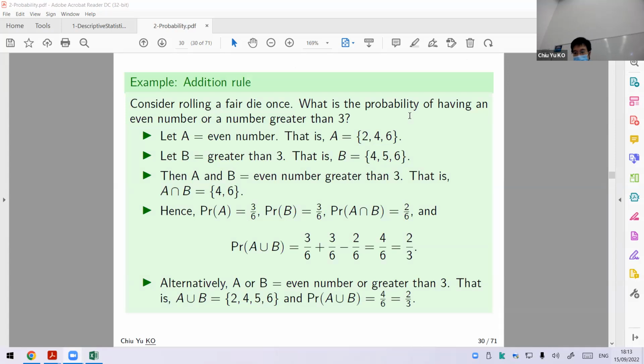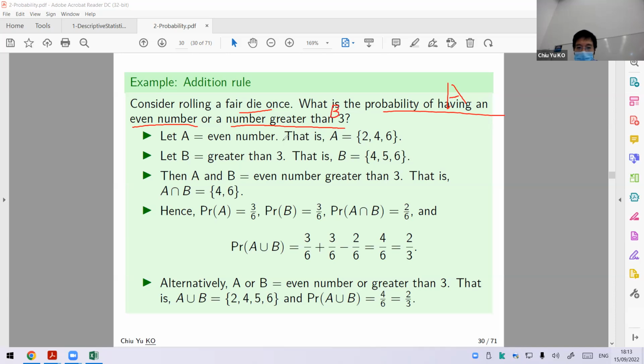I guess I should end this with an example, and then we'll continue next class for the rest. Addition rule. The question is: you roll the die once, what's the probability of having an even number or a number greater than 3? To do it, you say A is the even number and B is greater than 3.